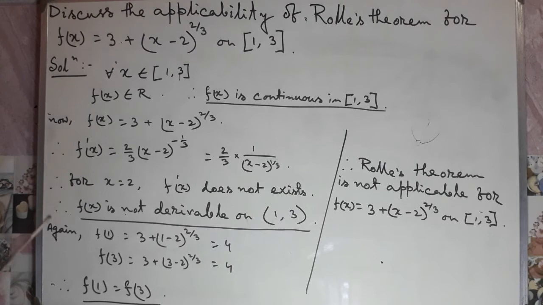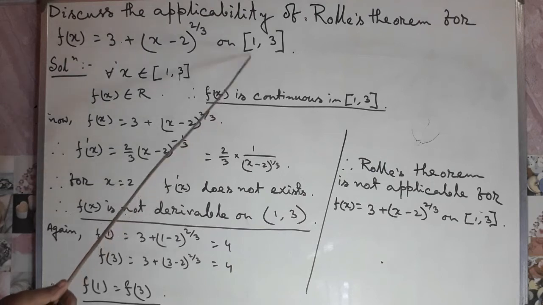Next we have to check the derivability of this function. Given f of x is equal to 3 plus (x minus 2) whole to the power 2 by 3. Differentiating with respect to x, we get f dash x. Now if you put x equal to 2 here, why 2?